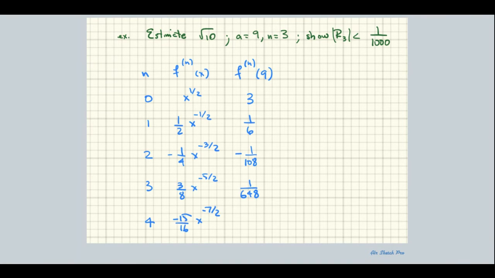Okay. Anyway, so here we go, guys. And now, let's go ahead and do the C sub n's, okay? That means we're going to divide by n factorial.